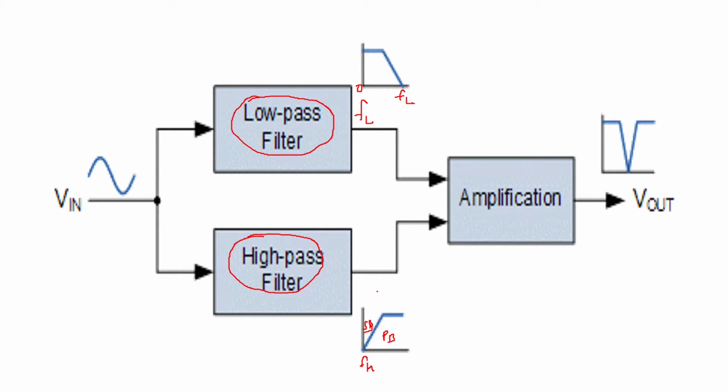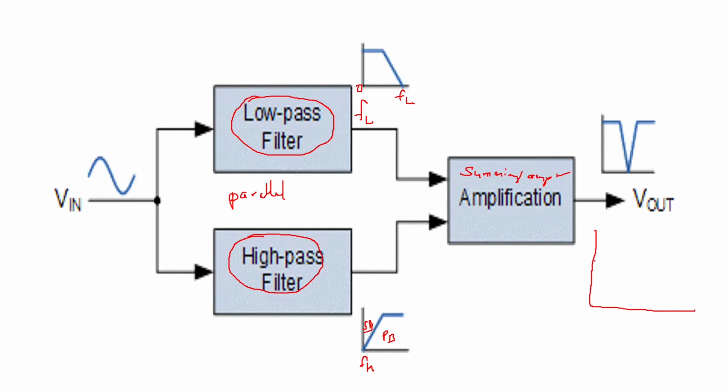This will be a stop band. These are connected in parallel, and then you join their outputs to a summing amplifier. Then at the output, you will get a thing like this.